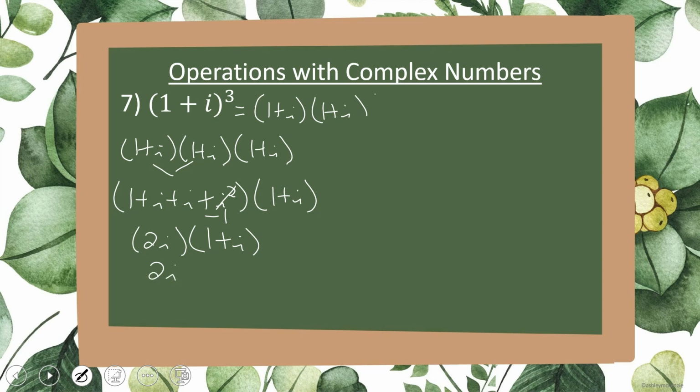So let's distribute that. Well, plus 2i squared really is a -2. And the last thing, we just have to make sure for standard form that the real number has to come out front, followed by the imaginary. So that's how we cube a binomial that has an imaginary.